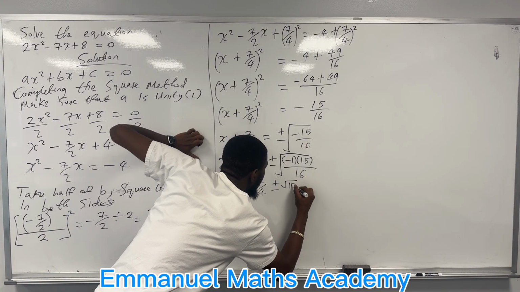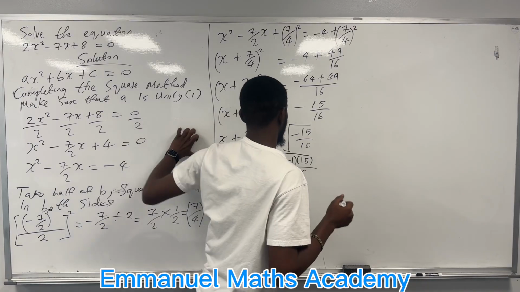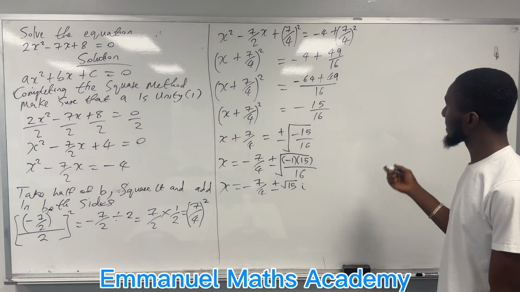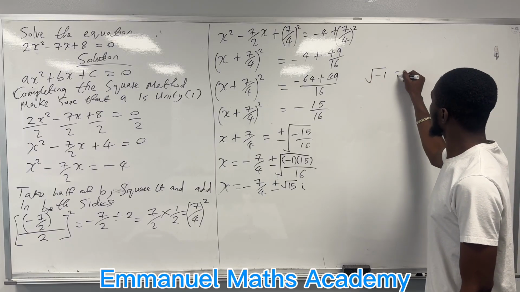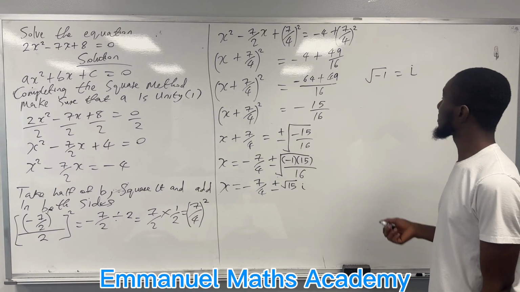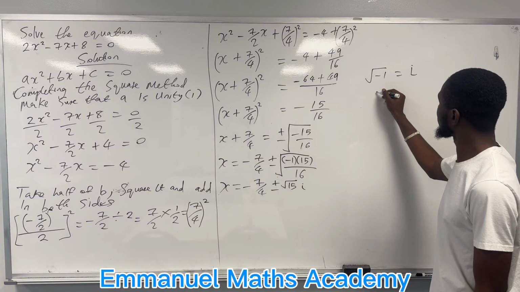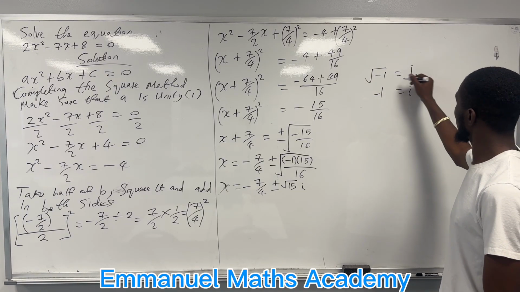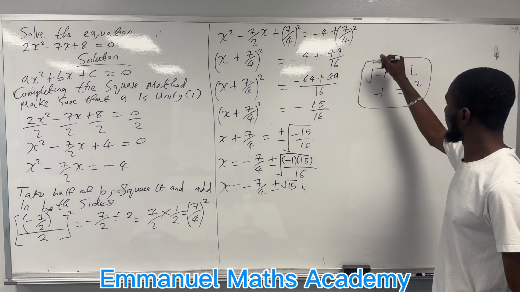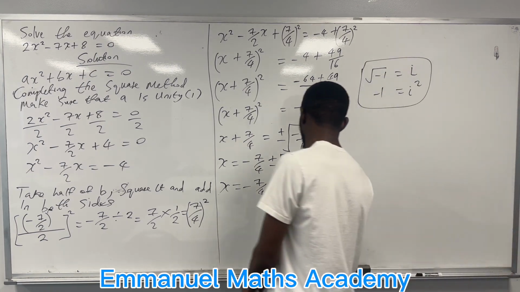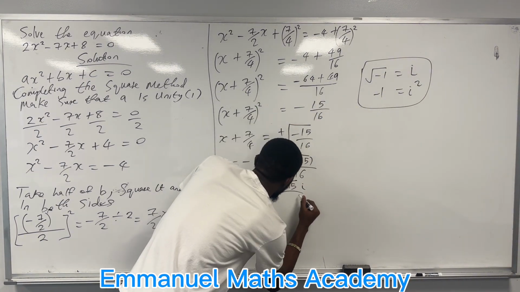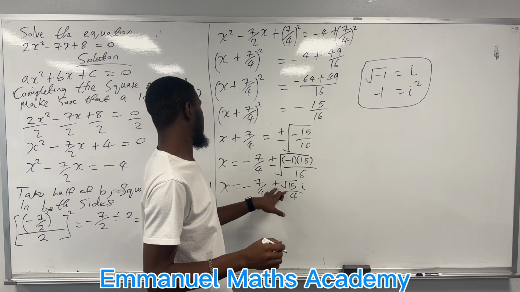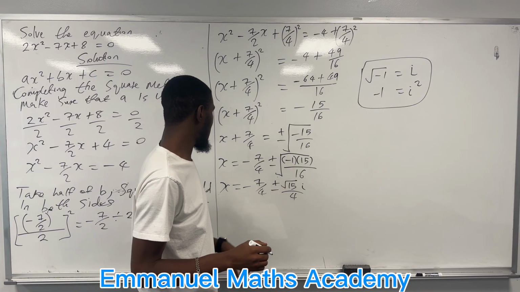Good. Hence, x is equal to minus 7 over 4 plus or minus root 15i. Because root minus 1 is i, your complex number. Right? The minus 1 is i squared. If you find the square root of 16, you have what? 4. And at this point, you can now separate the signs, plus and minus.